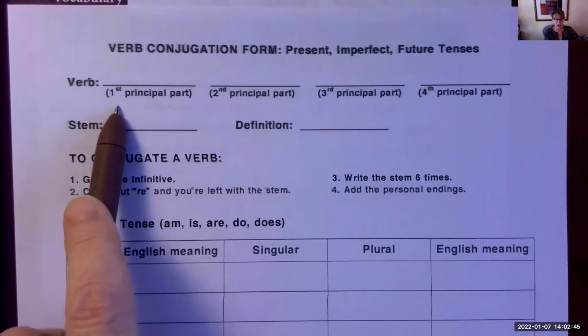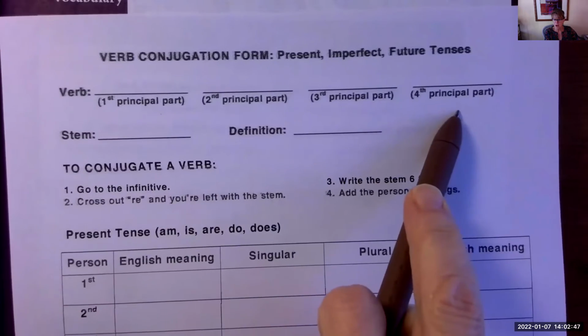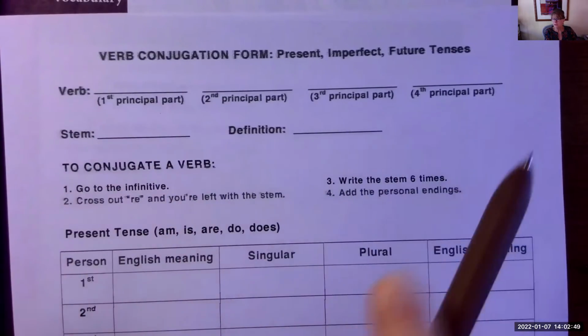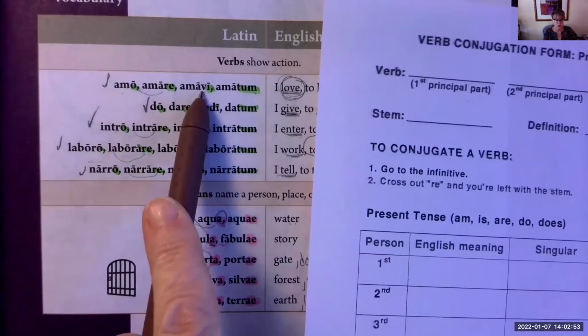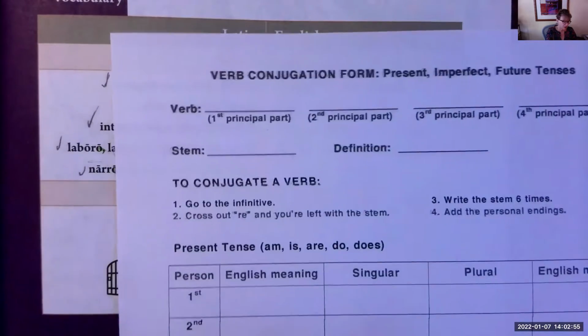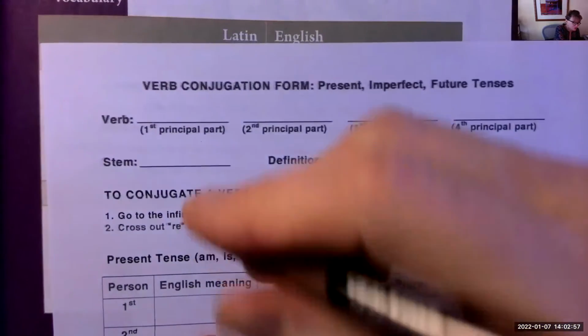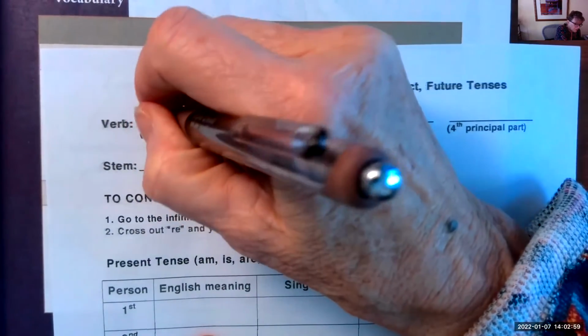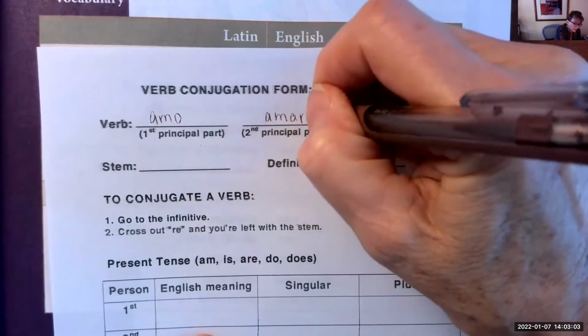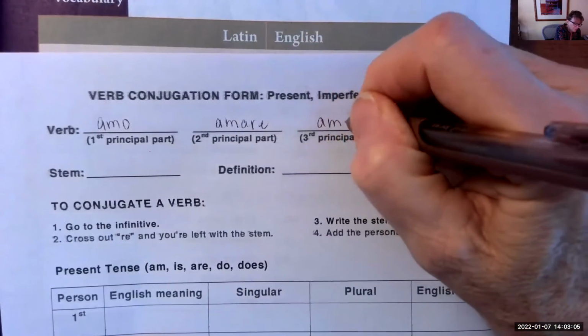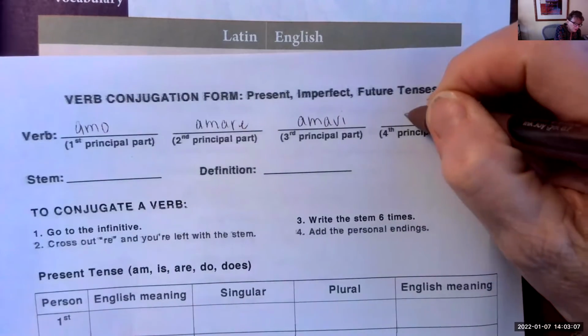And students have 4 blanks at the top to write their 4 principal parts of the verb. And so we're going to write amo, amare, amavi, amatum at the top here. So go ahead and do that now. Amo, amare, amavi, amatum.